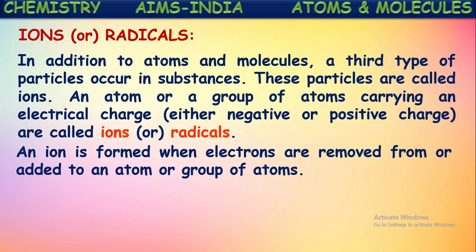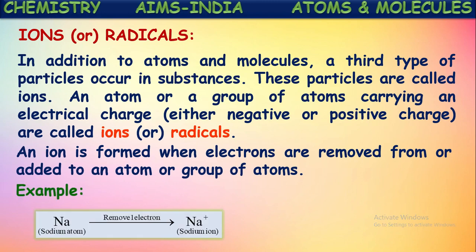Based upon the number of electrons gained or lost, the charge will be created on those atoms or group of atoms. Thus we can say ions are formed when atoms or groups of atoms either gain or lose electrons to become stable.